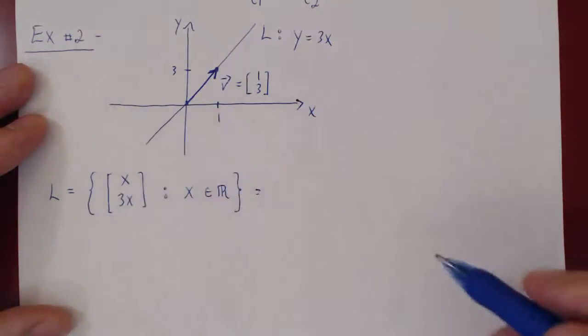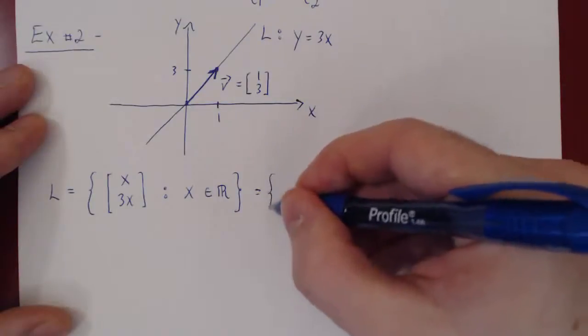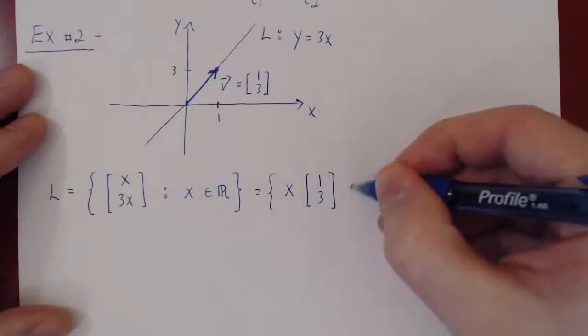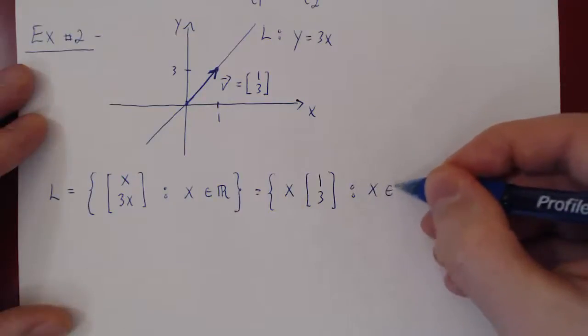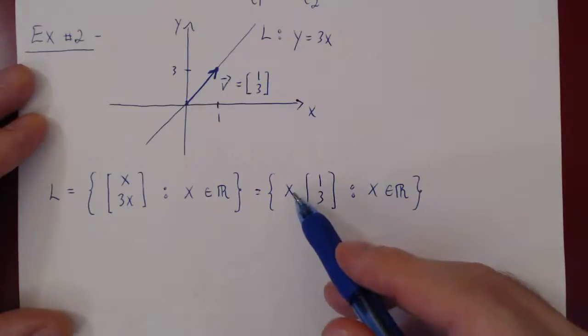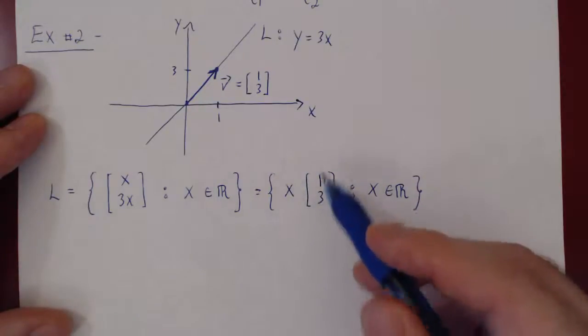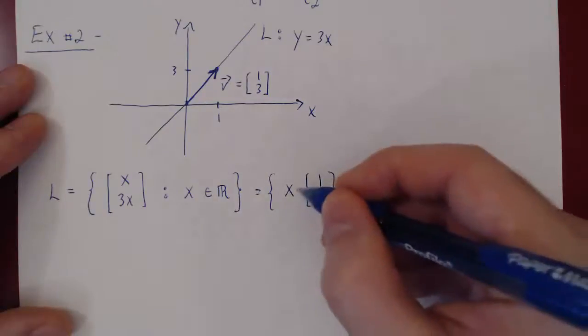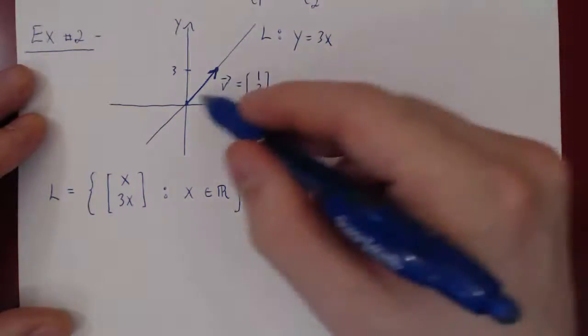If you factor x from this vector as a scalar multiple, you'll have x times the vector 1, 3. But again, as x ranges over all possible real numbers, what you have here is the set of all possible linear combinations of the vector 1, 3. Every possible multiple of the vector 1, 3.